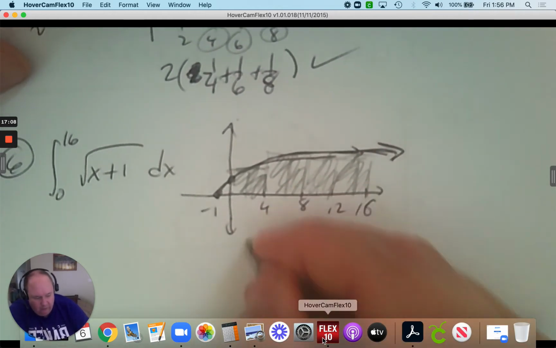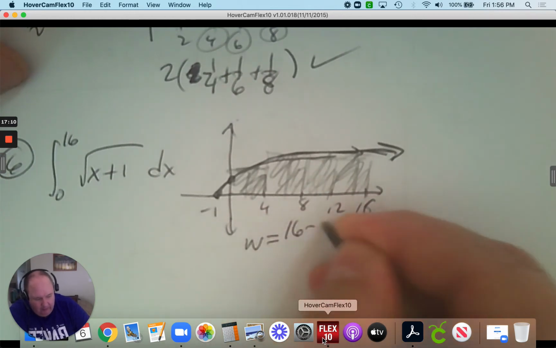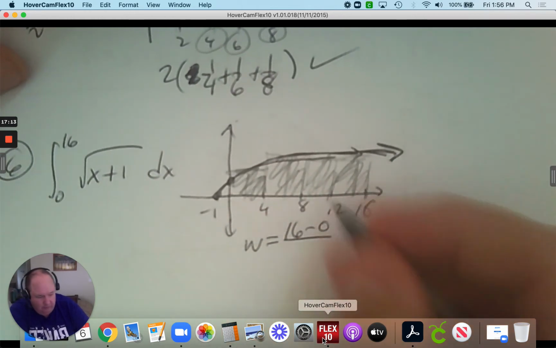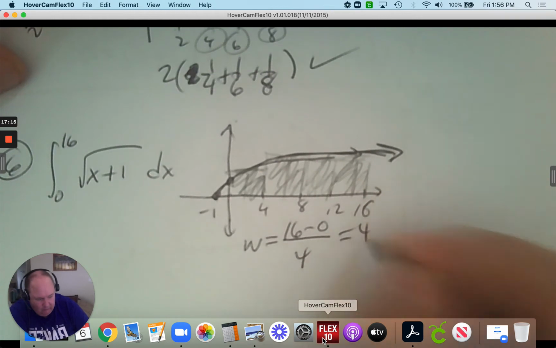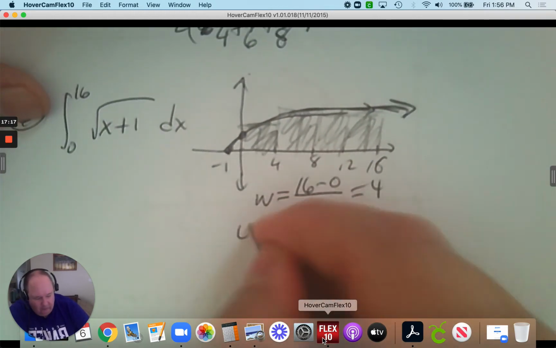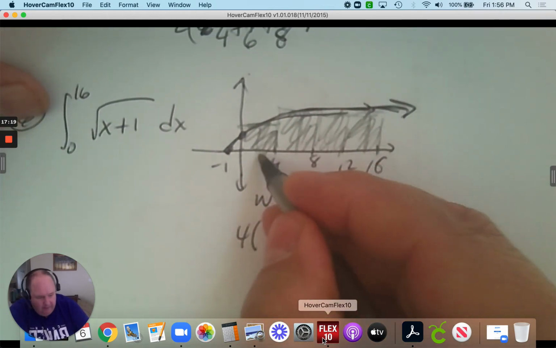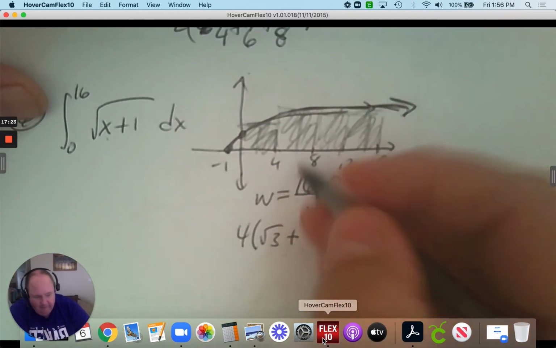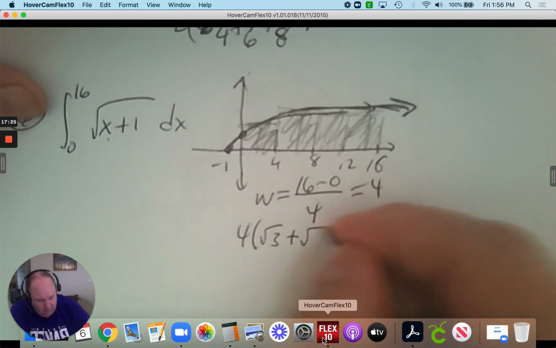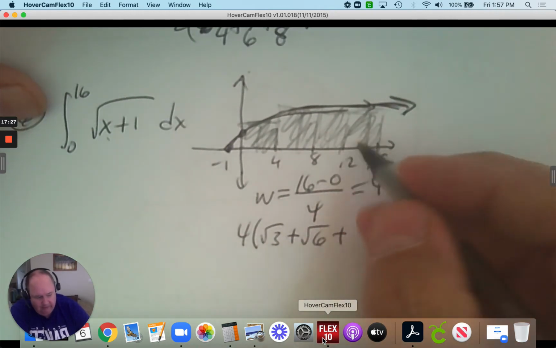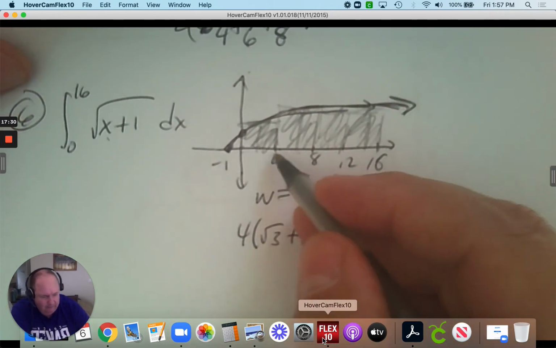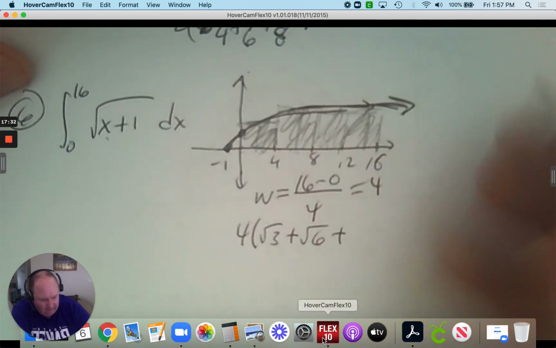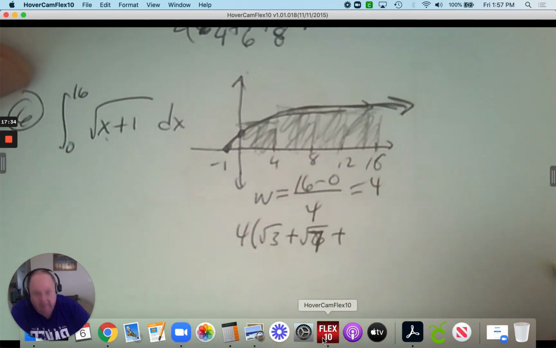So first of all, the width again is going to be the upper bound, subtract the lower bound, divided by, in this case, 4 for 4 rectangles. So we're going to start with 4. And then what's the mid value? So we plug in 2, and it's the square root of 3. Plug in 6, which is the square root of 7.